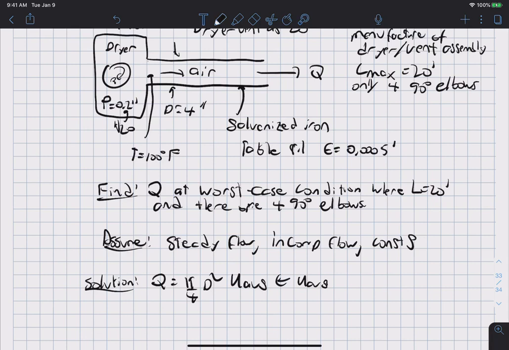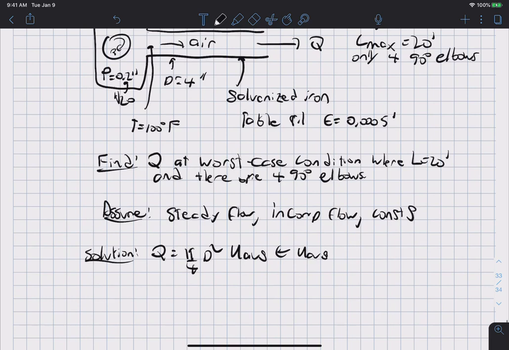Okay, and we will assume that the area inside of the dryer is very large, which implies that U average in the dryer is small, and you can neglect that.